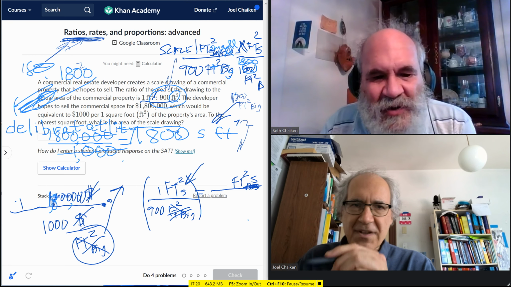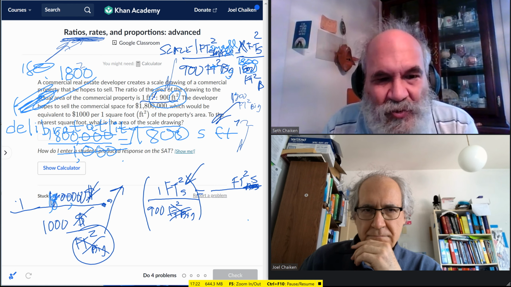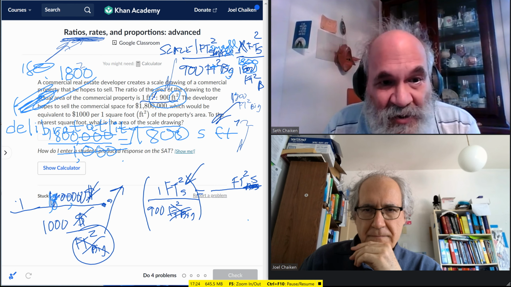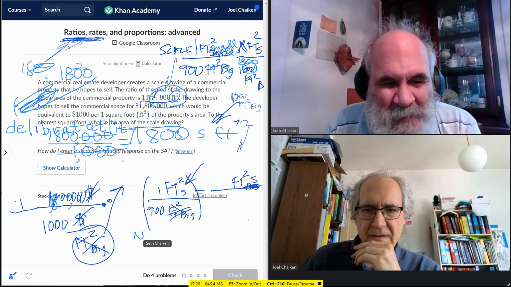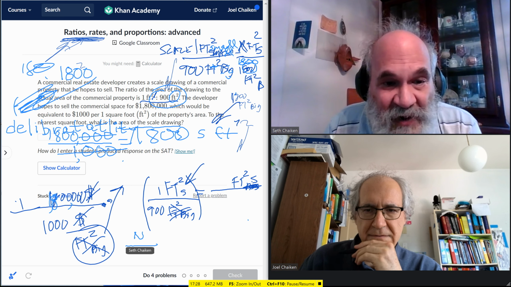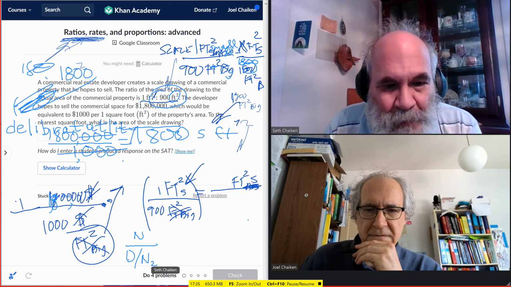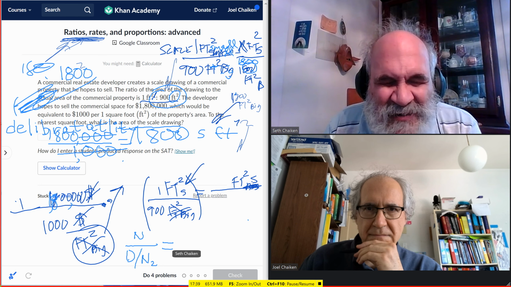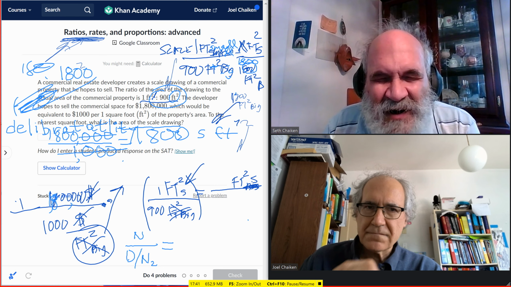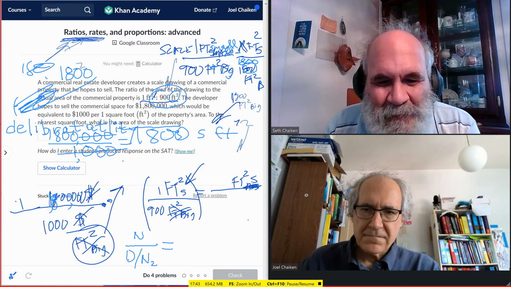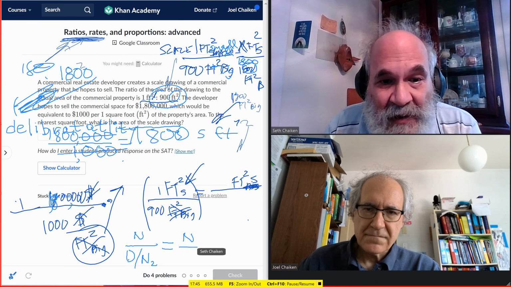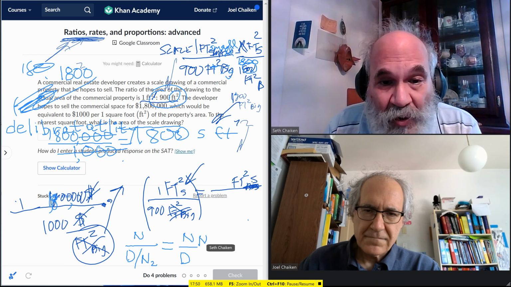To deal with complex fractions, you just need a rule. N over D divided by N2 is a rule: when there is a quantity in the denominator of the denominator, it's the same as moving it to the numerator of the whole thing.